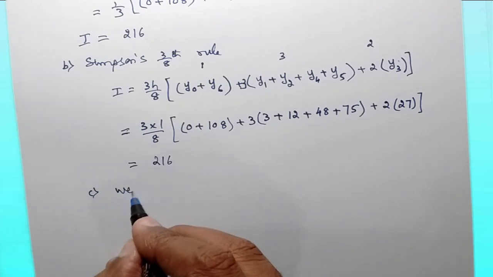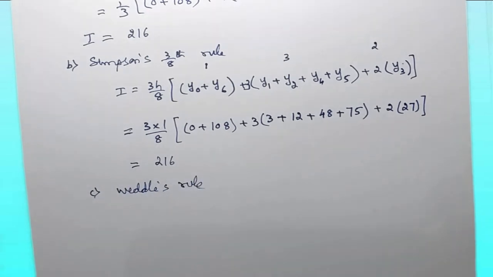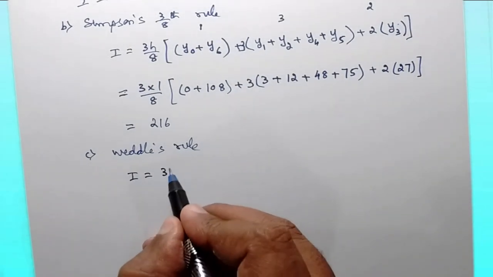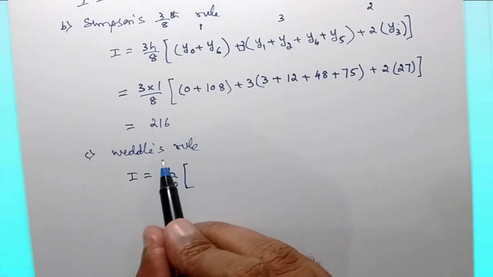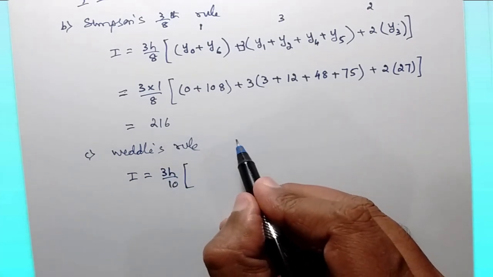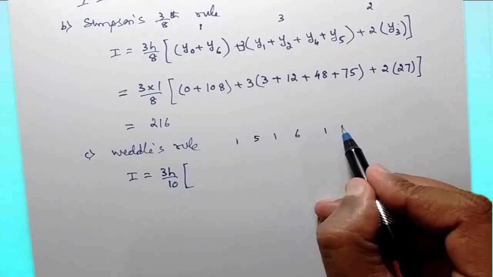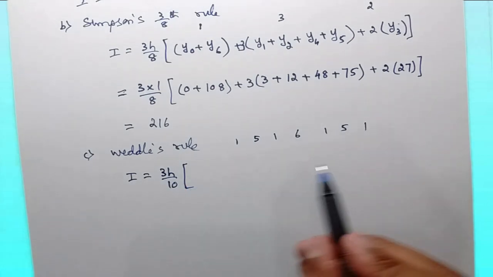Now let us go for Weddle's rule. So Weddle's rule, the formula is 3h by 10. So what is the rule that you have to remember? The technique. The technique is 1 5 1 6 1 5 1. This is how you have to write it. It should be in order starting from y0 to y6.